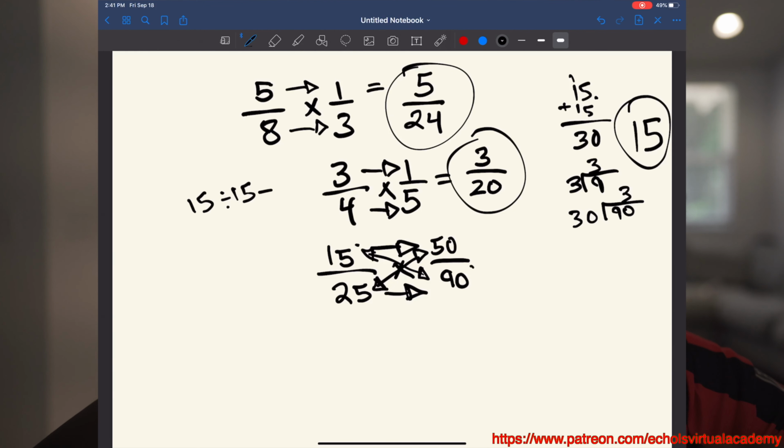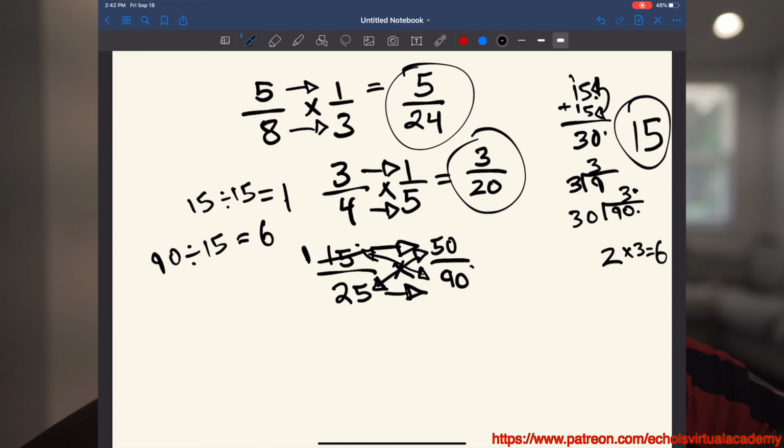So really, how many 15s go into 90? Well, 2 15s make 30, and then 3 30s make 90. So 6 15s make 90. So 90 divided by 15 is 6. So you can cross the 90 out and put a 6 there.